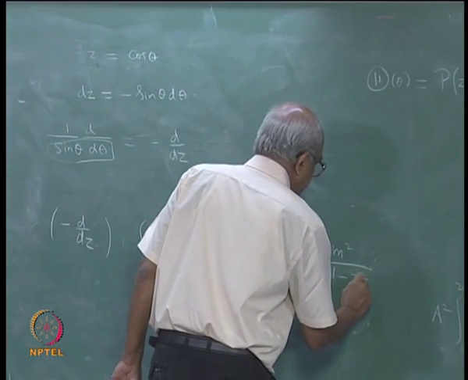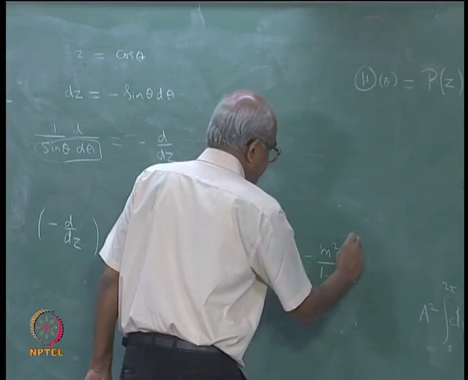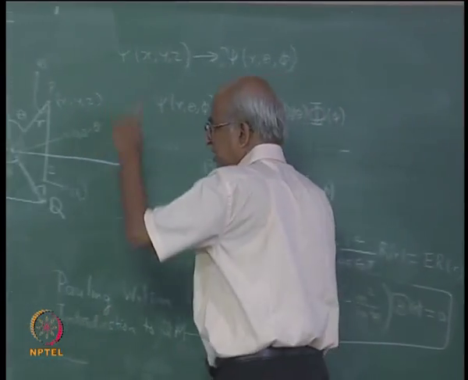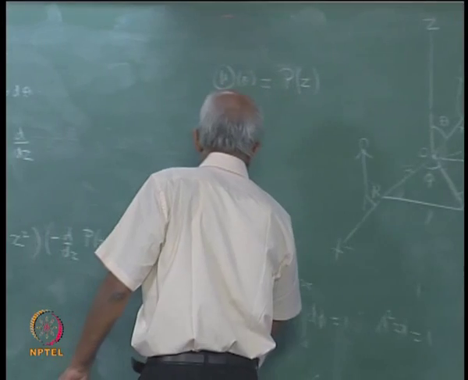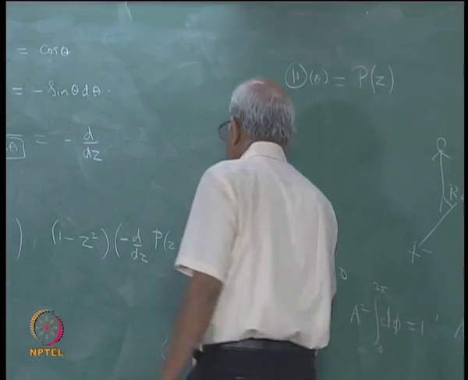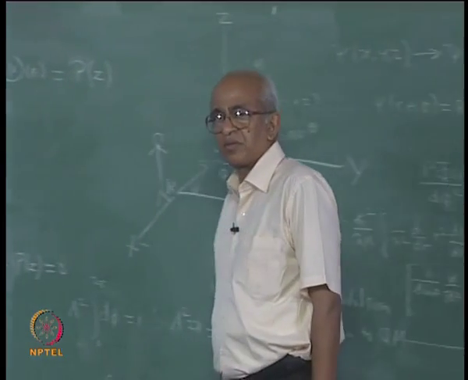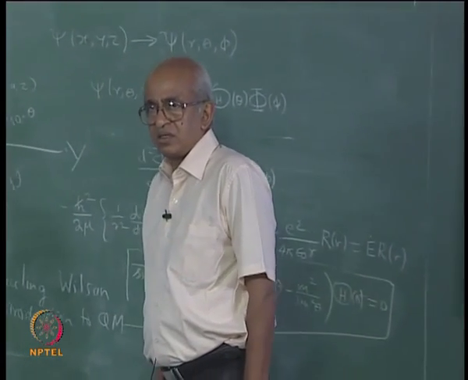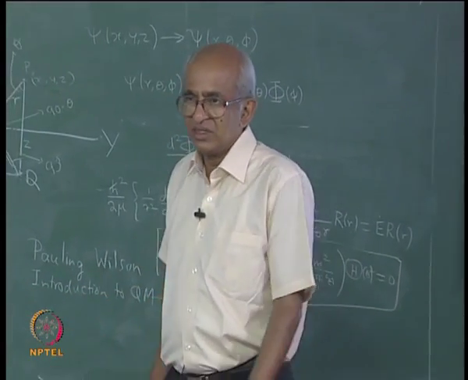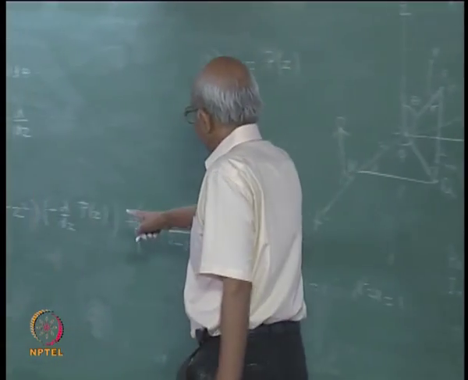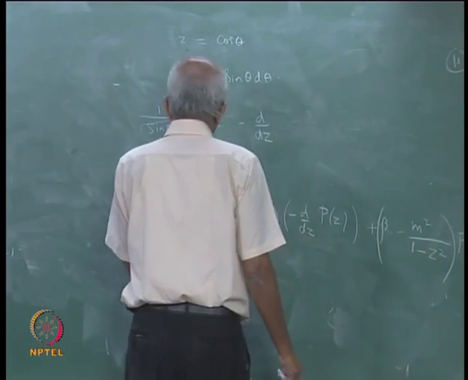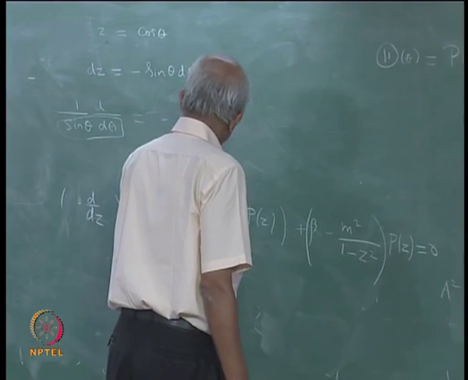So, that is actually equal to 1 minus z square, and then I have capital theta here, but capital theta is my capital P. So, this is what happens to that equation. You can see that it is a little bit simpler, not too much, but of course this negative sign and that negative sign are going to cancel. So, this is what has happened to that equation.